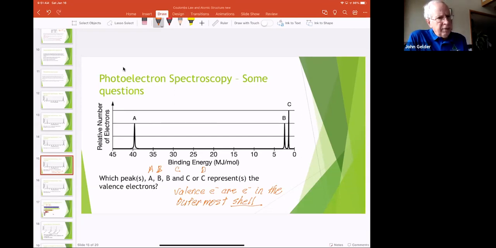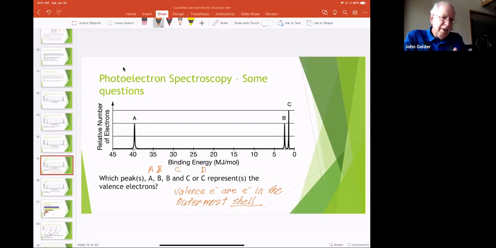And again, in a PES spectrum that we see on an exam question, information about the shells isn't revealed to us explicitly. That information is there because in a PES spectrum, we can usually identify shells by groupings of peaks.